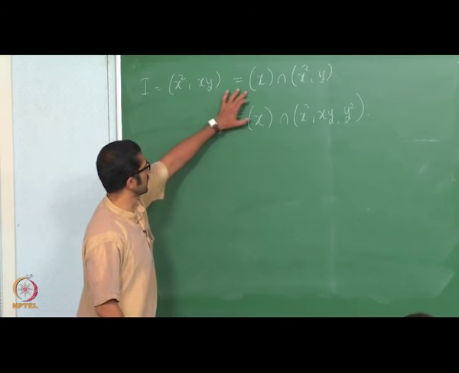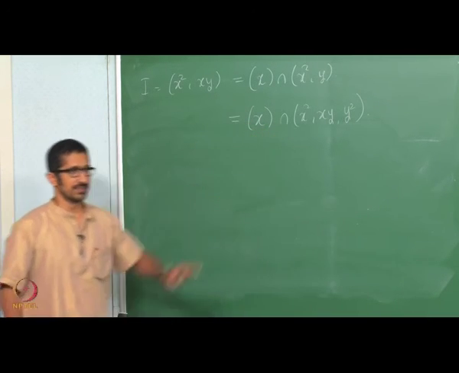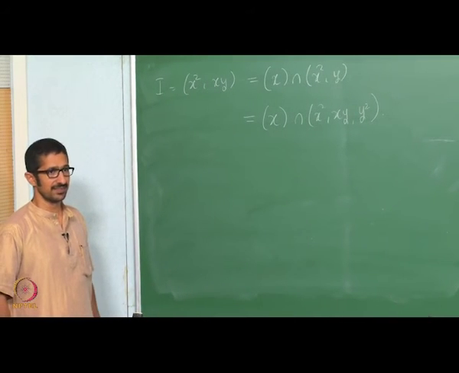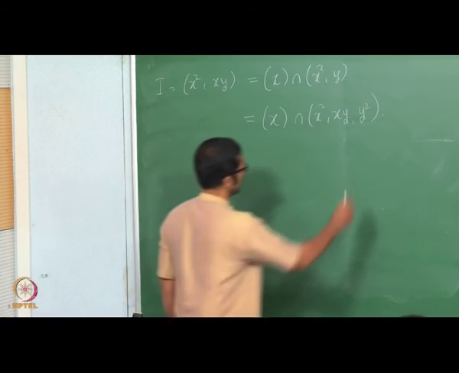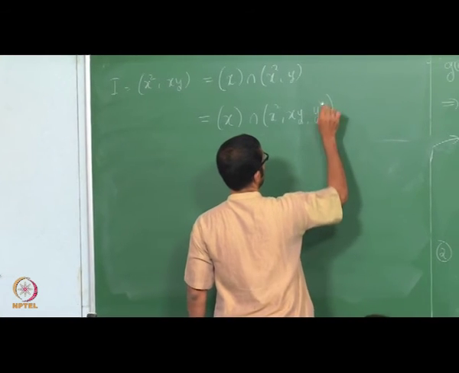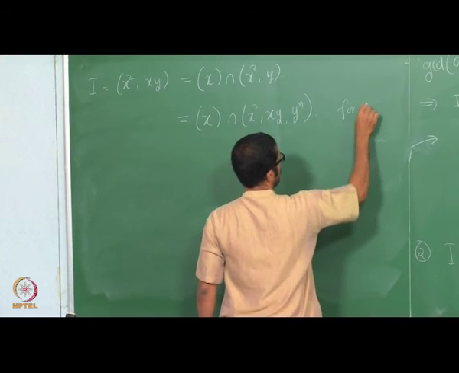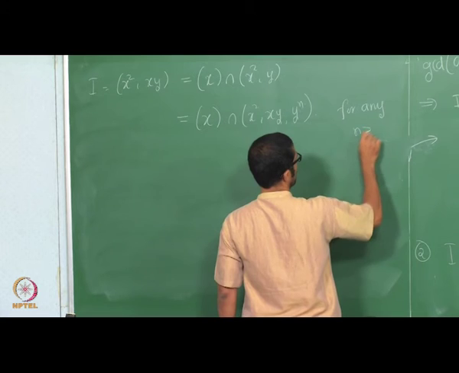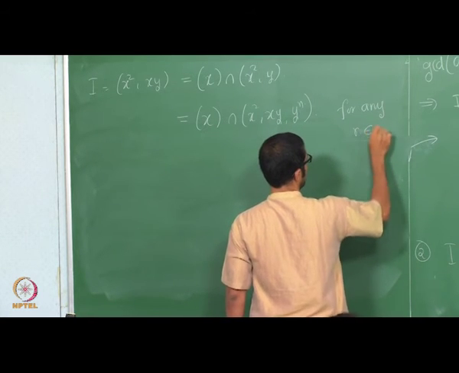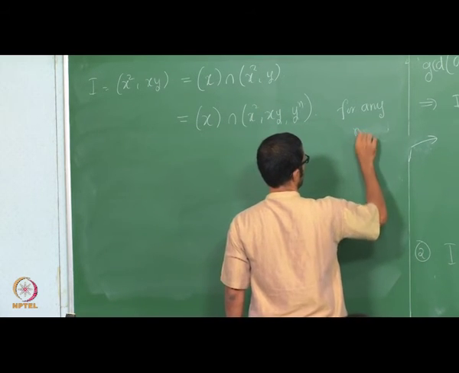In fact, this is equal to x intersection (x square, y power n) for any n bigger than or equal to 1.